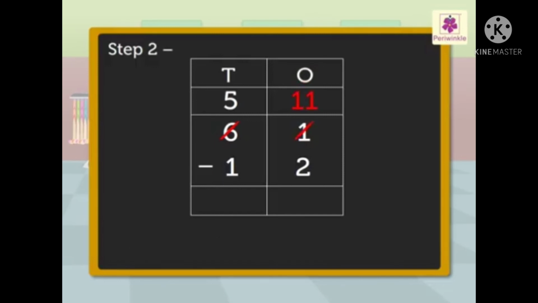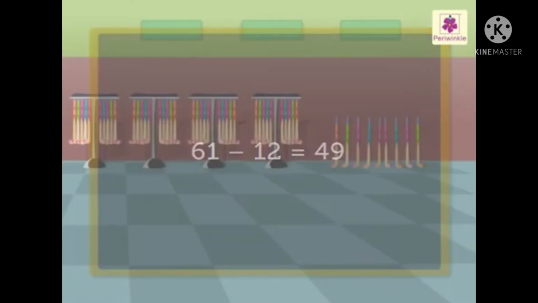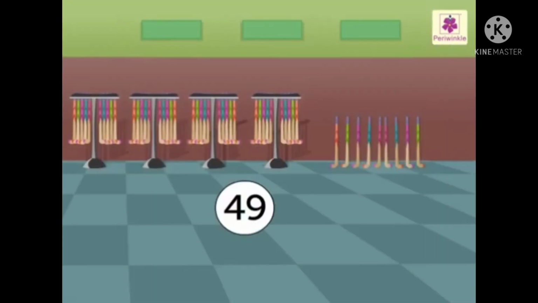Now, subtract 11 minus 2 to get 9 ones. Write 9 in the ones column. Step 3. Subtract the tens. Here we subtract 5 minus 1 to get 4 tens. Now, write 4 in the tens column. So we got the answer as 49. 61 minus 12 is equal to 49. Thus, there are 49 hockey sticks left with Mr. Wilson.